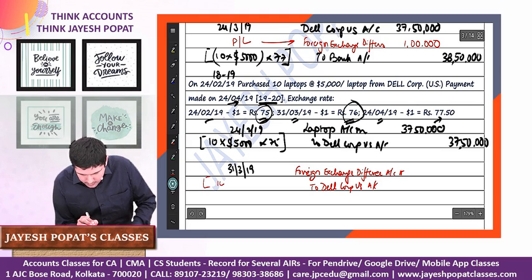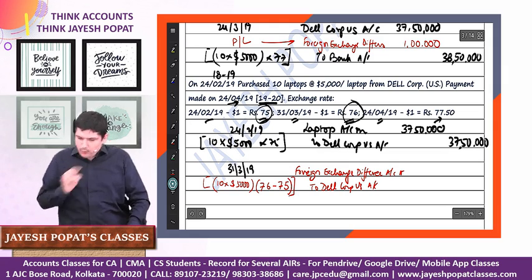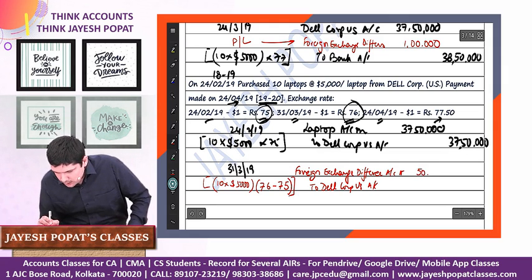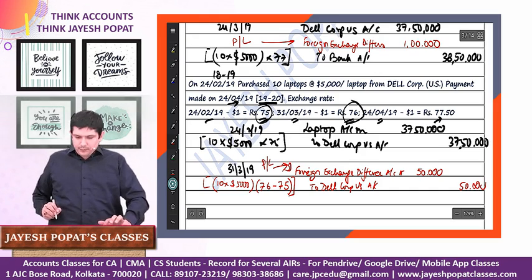We have 10 laptops, per laptop is $5,000 and the exchange rate at the year end is 76 and we had initially recorded at 75. So 1 per dollar, 50,000 is the loss which we are facing because of the increase in the exchange rate. This will be closed by transfer to P&L, right?